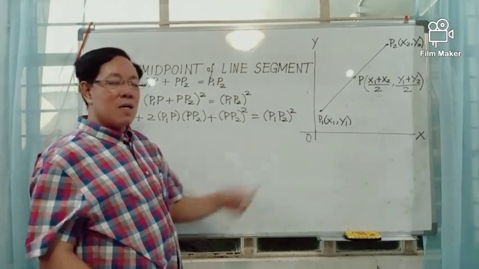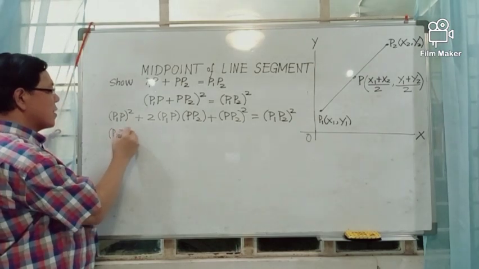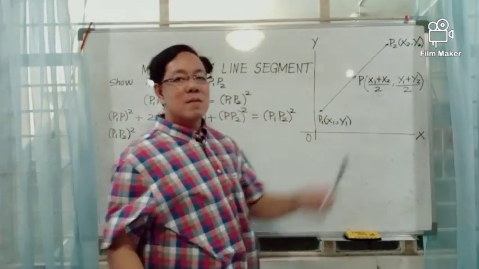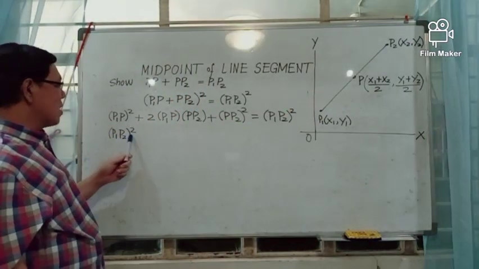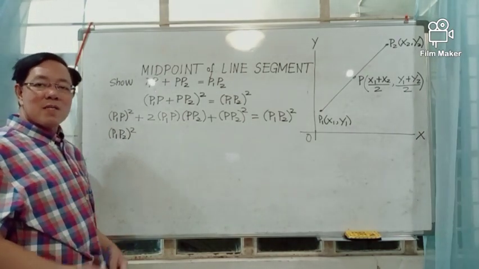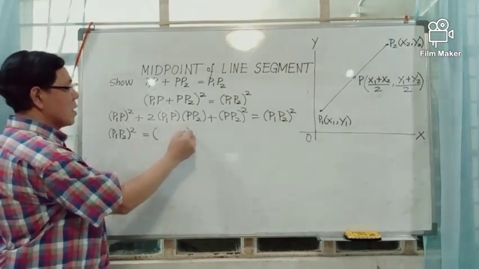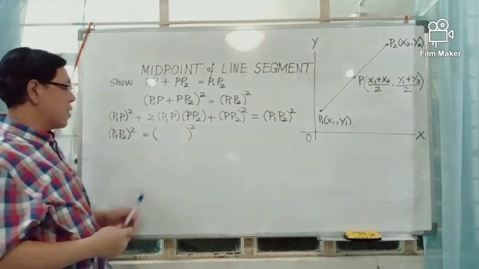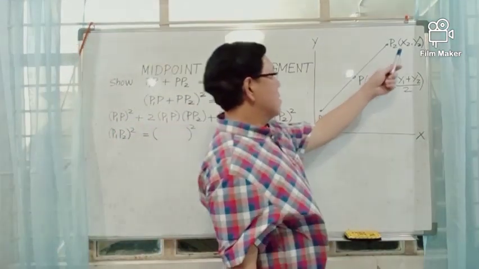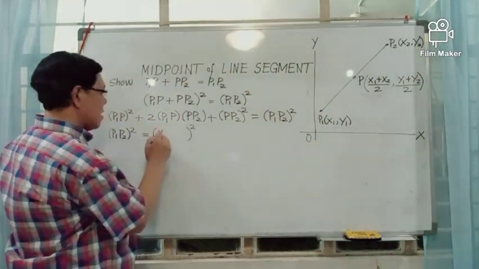From the right side, we have the square of the distance between P1 and P2, the endpoints of the line segment, and the square of the distance between P1 and P2 by the distance formula is equal to the square of the difference of the abscissas of these endpoints, the difference of the abscissas x2 and x1, and square it.